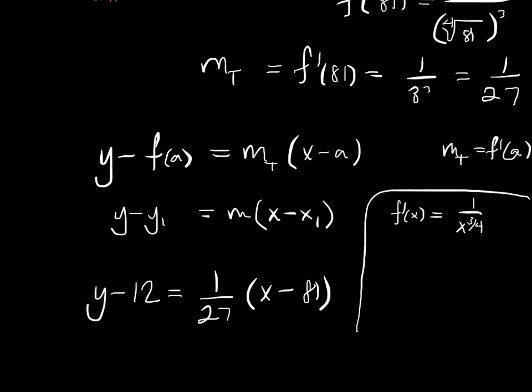The only way a fraction can be 0 is if the numerator is 0. Never. There are no horizontal tangents to this particular function. Okay, sort of boring and technical, but every problem's the same, and you just have to figure out how to do it.